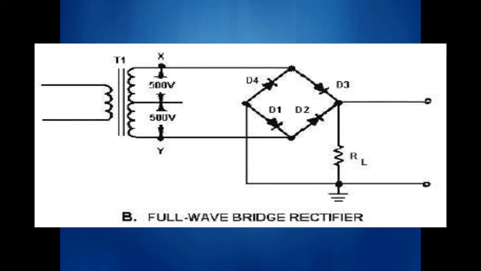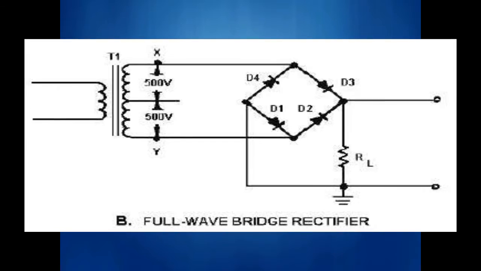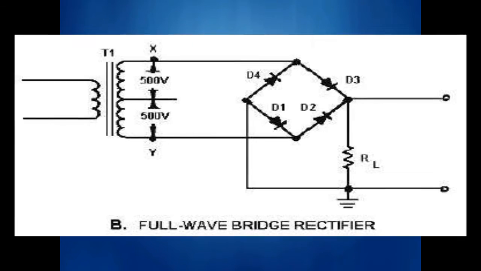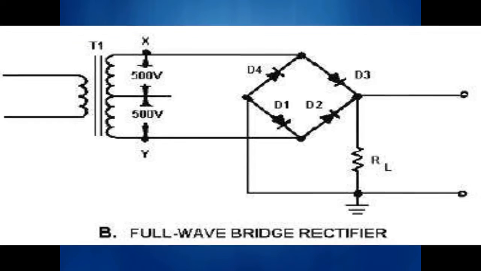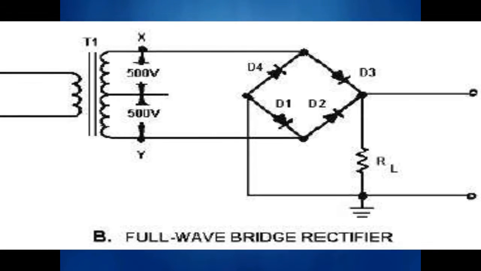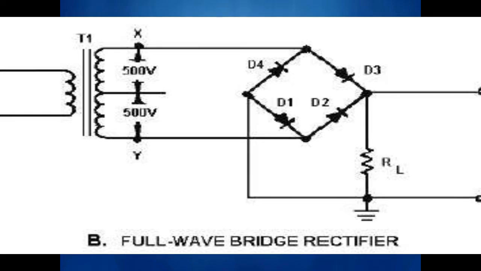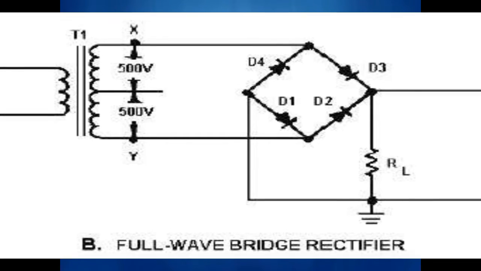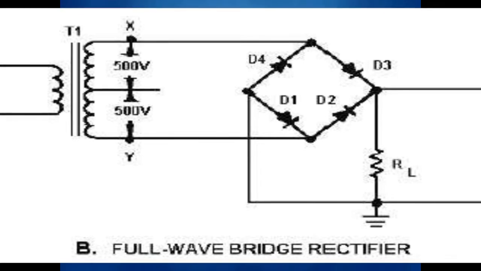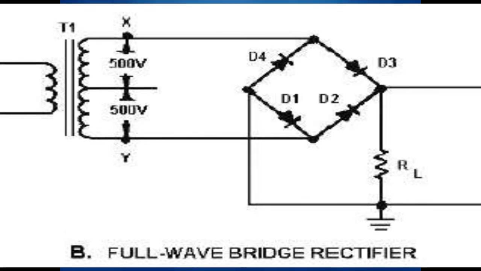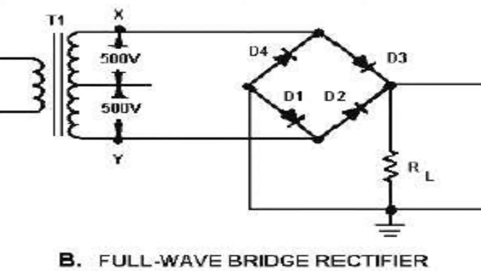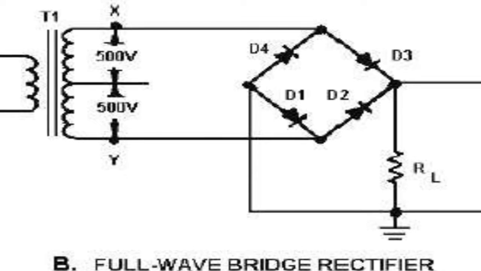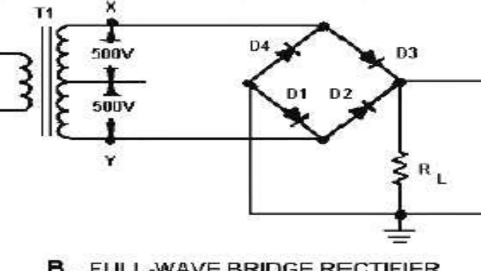Typically a full wave rectifier is used, and full wave rectifiers include the center tap rectifier and the bridge rectifier. We prefer a bridge rectifier over a center tap full wave rectifier, because the center tap rectifier needs an extra center tap, whereas for the bridge rectifier no center tap is needed for the transformer.